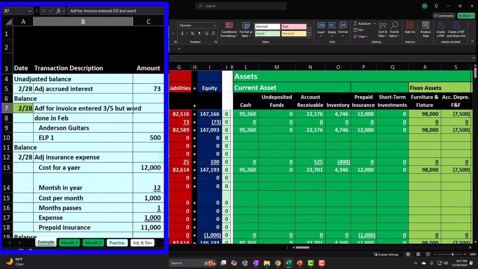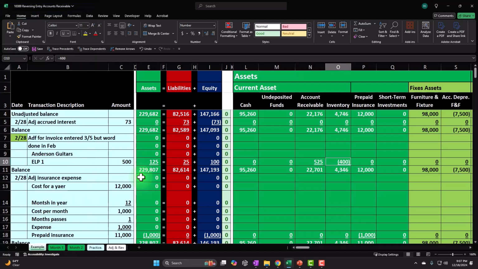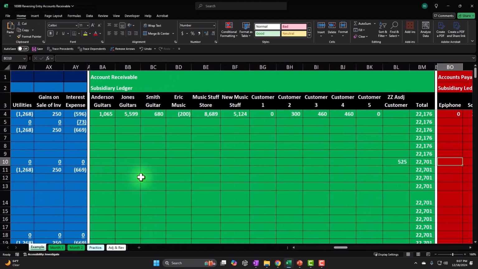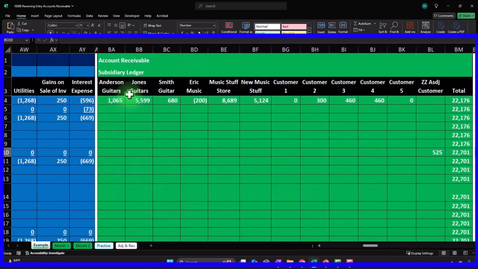So then we've got the accounts receivable over here. So how did I deal with this accounts receivable issue? If I was going to imagine putting it into the QuickBooks system, I have to deal with the subledger. So one way I could do this is say, hey, look, I don't want to mess up their subledger.